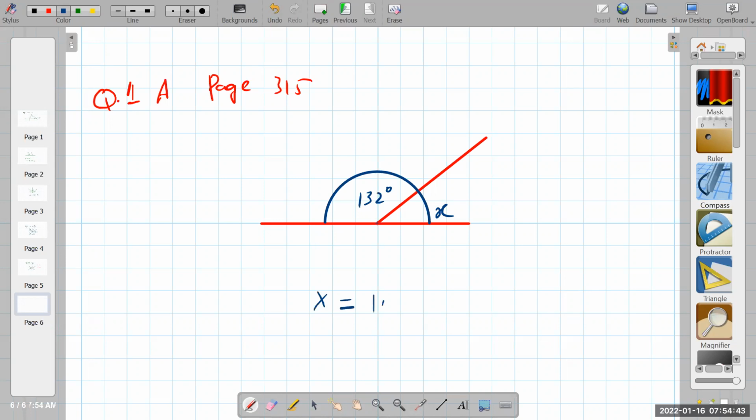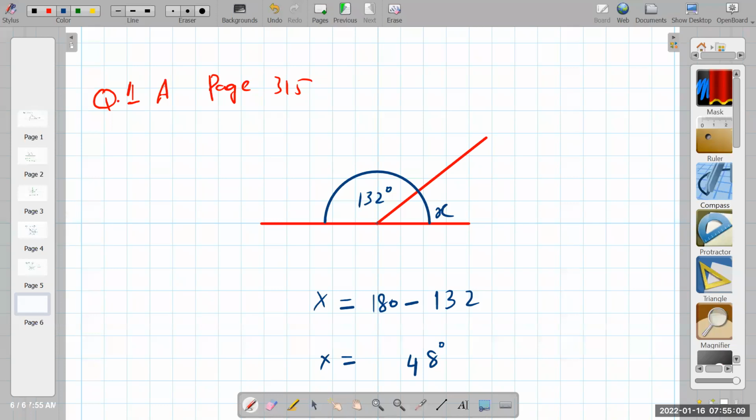So what will be the answer? 48 degrees. So the answer is 48 degrees.